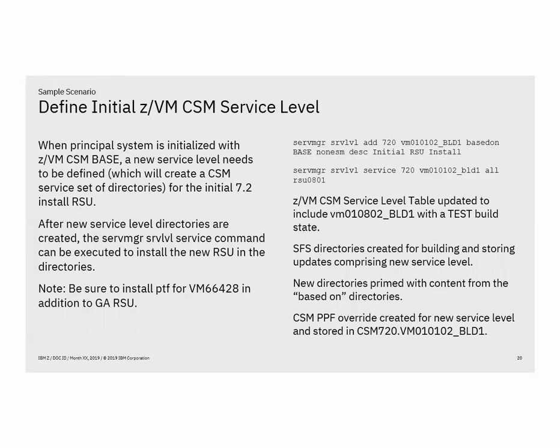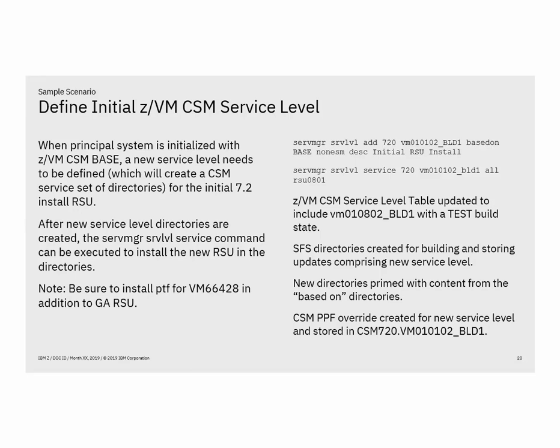Now, obviously, I need to put some service on the content of those directories, and I do that using the regular SERVICE exec under the control of SERVMGR. So SERVMGR SERVLEVEL SERVICE. The next operand is the release, so it's the 720 release.